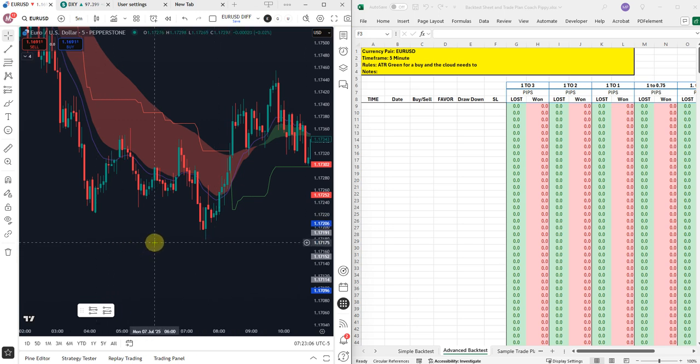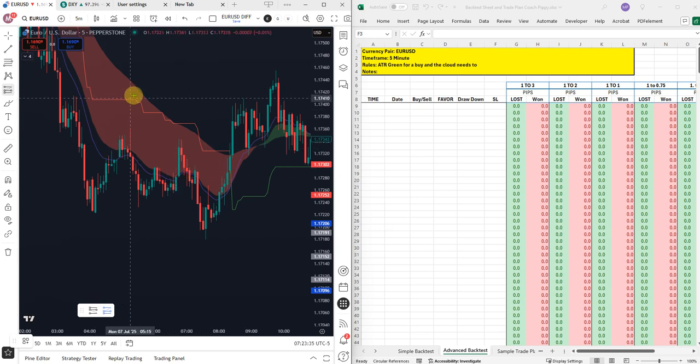6 o'clock in the morning is right there. It's already red, and the ATR is red, so we missed that trade, right? So we're going to wait for the next one, which is going to happen right here at 8:25. Our rules are the ATR changed colors, and we want the cloud.